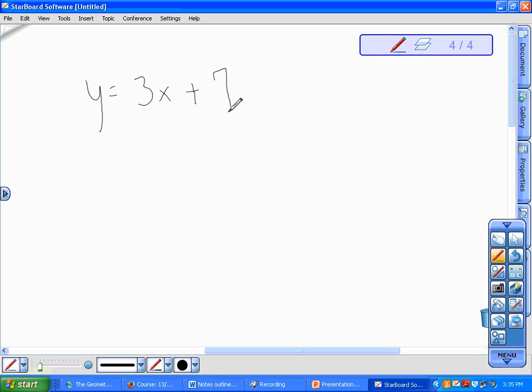Y is all by itself on the left-hand side of this balance beam. Another option would be to have y on the right-hand side of the equation, but most importantly that y is all by itself. So on the left-hand side would be our x variables and our constant term. This would also be a slope-intercept form.